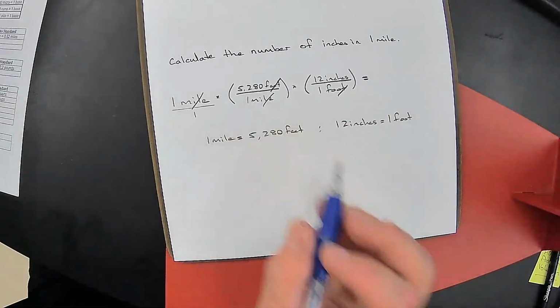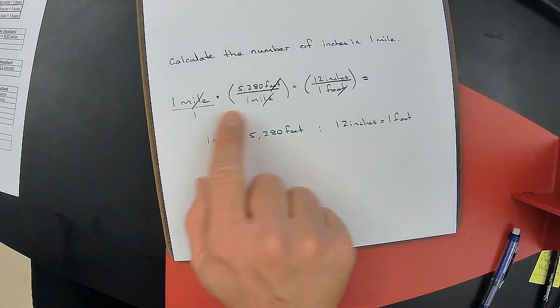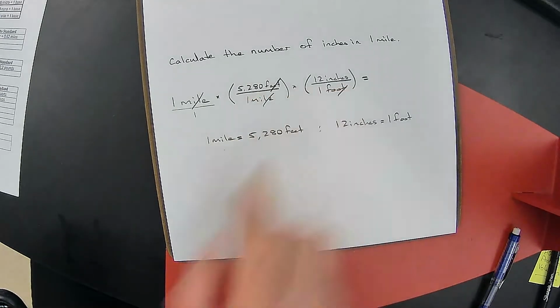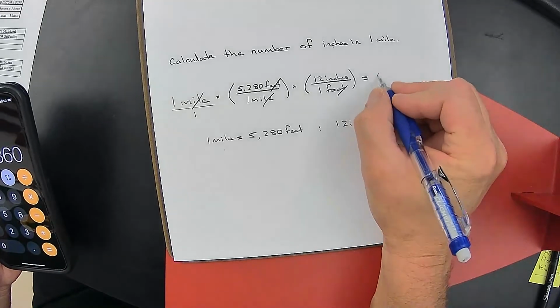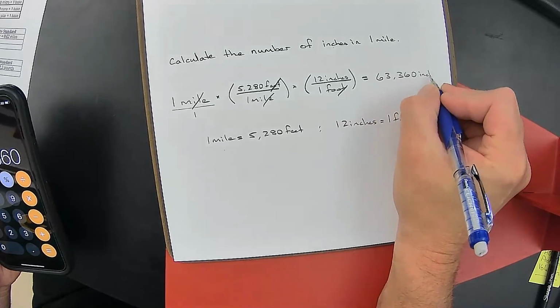And now I get 5,280, and I multiply by 12. So technically it's 1 multiplied by 5,280, and then multiplied by 12. And that gives me an answer of 63,360 inches.